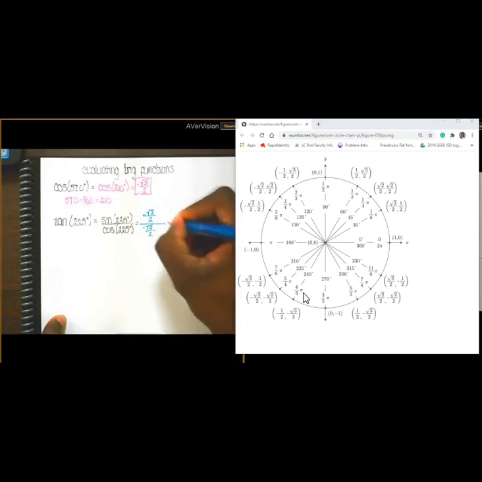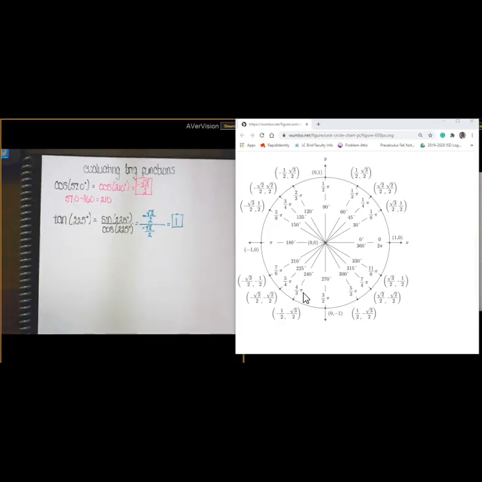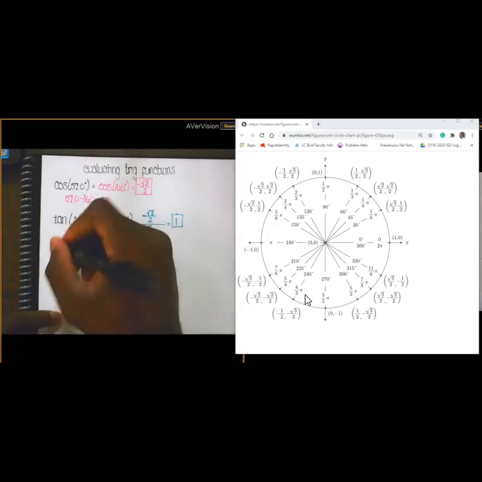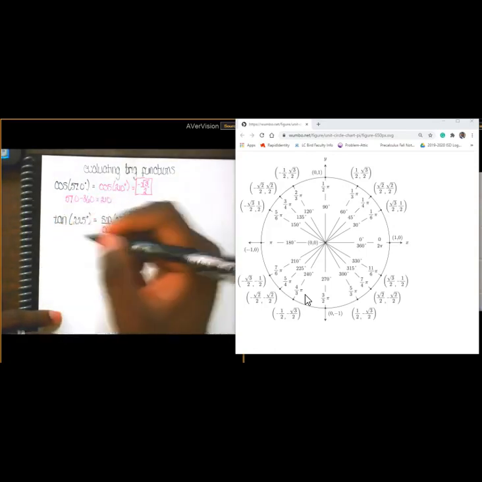So if we simplify this, what do we get? Is this making sense? Okay.